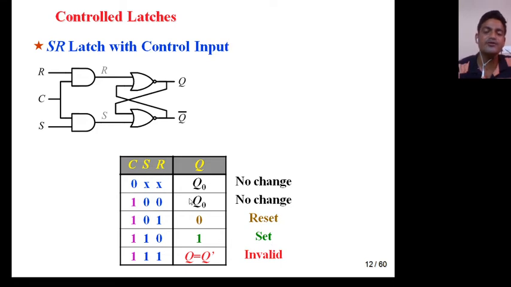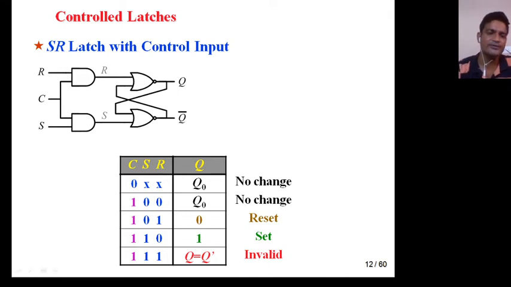Now you are getting the same truth table or characteristic table. Why? Because we are giving AND gates here. You can ask, sir, why are we using AND gate? You know, the output of an AND gate is high only if both inputs are high.